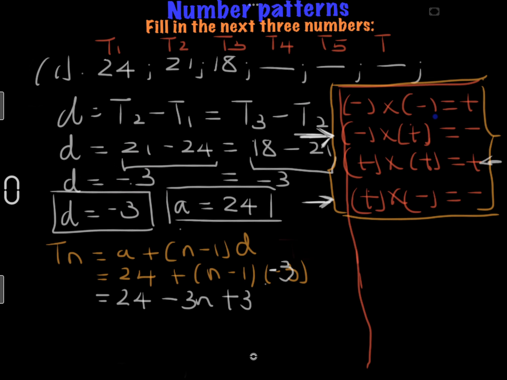Negative times negative is equal to positive. So 24 minus 3n, writing it out in the right order. We know that 24 plus 3 gives us positive 27.